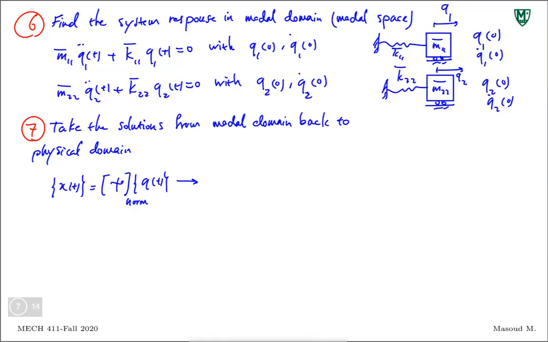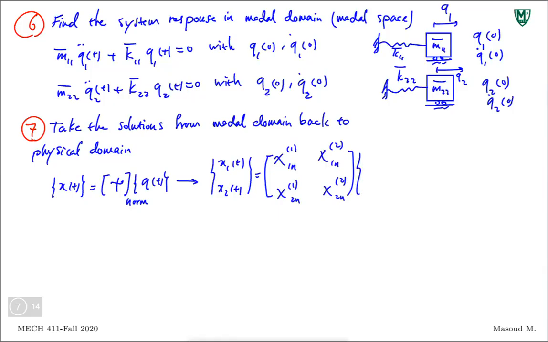All right. So what does this mean? It means this becomes x1(t) and x2(t) are equal to x1 norm, x1 2 norm, x2 1 norm, and x2 2 norm, multiplied by q1(t), q2(t).